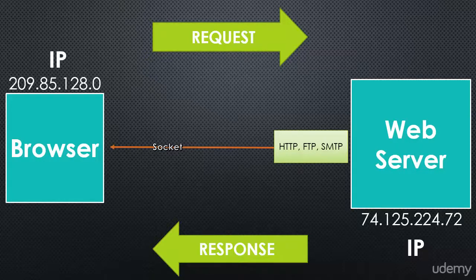Now that information normally is structured within its own type of protocol. Whether it's HTTP, FTP, SMTP, the P's in all of those stand for protocol, a particular set of rules for how the information is structured. HTTP for web, FTP for files, SMTP for email, and there are others. But they're all traveling from computer to computer using Internet Protocol to identify.